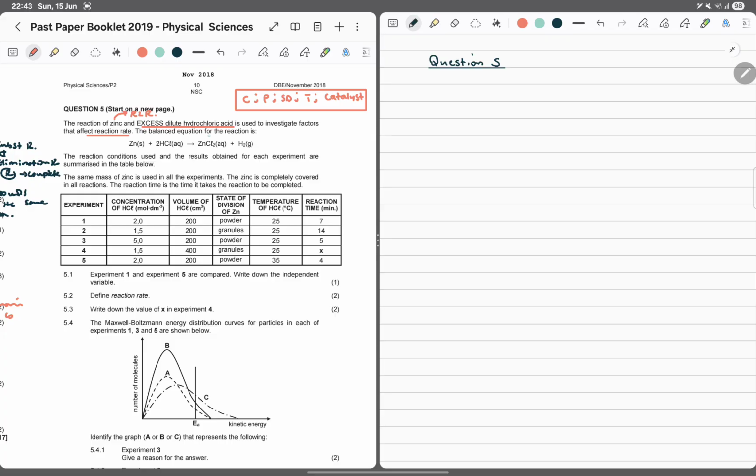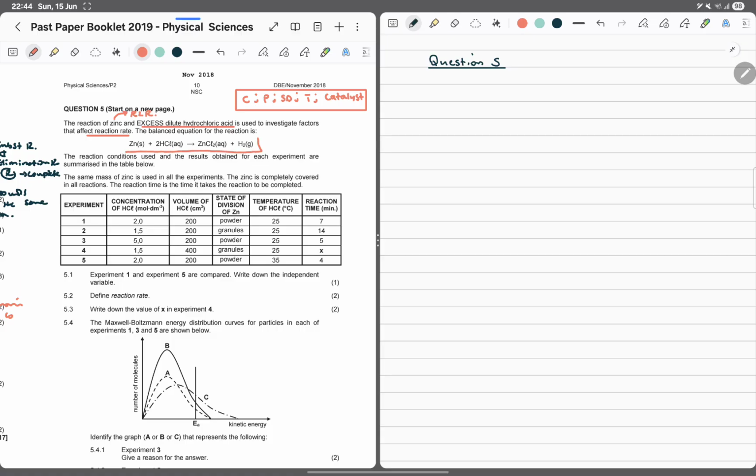So the balanced equation for the reaction is zinc solid reacting with hydrochloric acid aqueous solution to form zinc chloride salt and hydrogen gas. Excuse me for that. Now, you know what I like to do whenever I see a reaction like this?